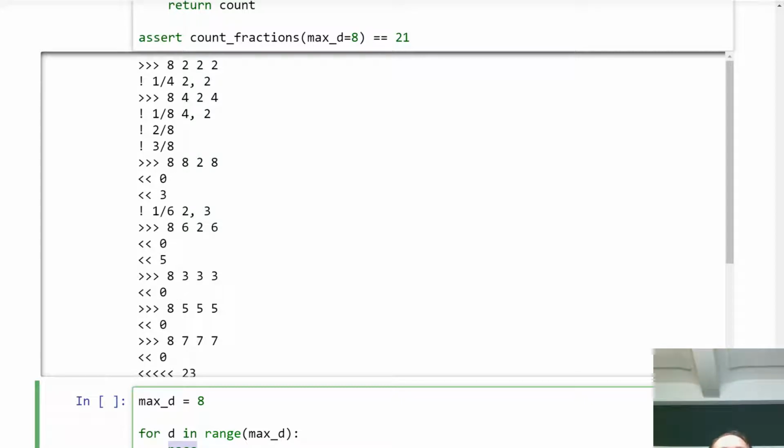Starting at 1 is skipped, so it's only, oh yeah, 2. Yeah, sorry. You start at 2. Oh. Okay.